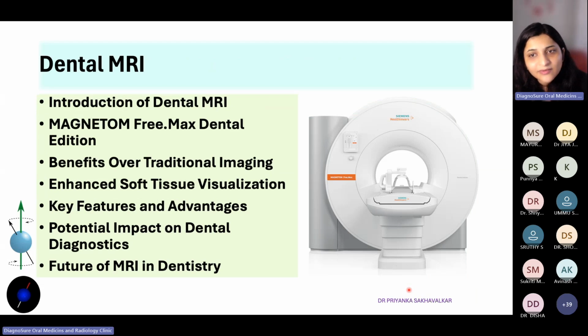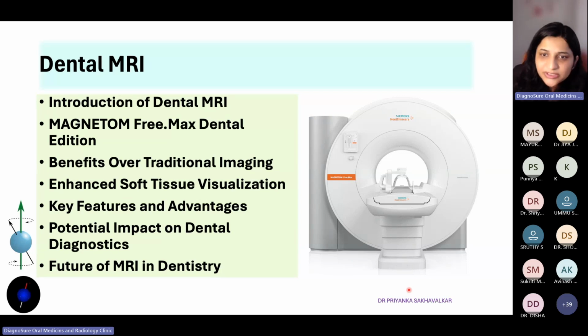Dental MRI is one of the most exciting things in dentistry, and it has been introduced by Magnetome. It is a significant advancement in dental imaging. It is not widely available. This innovative system is designed to enhance dentomaxillofacial diagnostics by providing detailed soft tissue imaging, and it does not have any ionizing radiation.